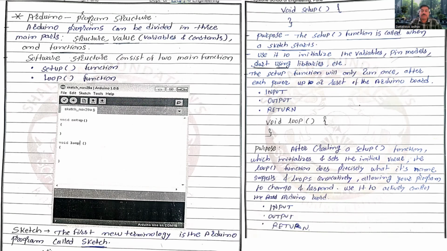Considering this programming structure, first we go with the software structure parameters. The software structure consists of two main functions. One is called the setup function and the second is called the loop function.